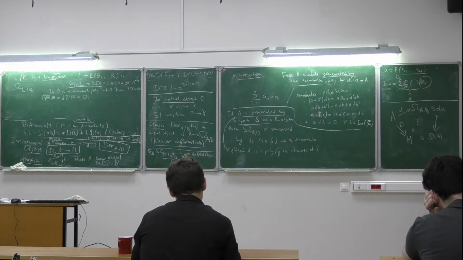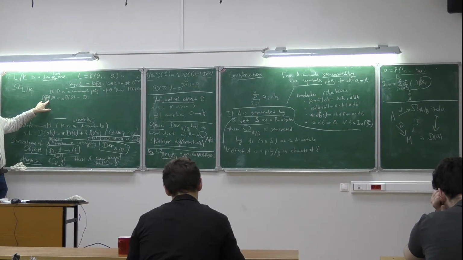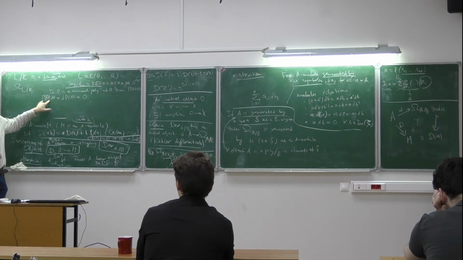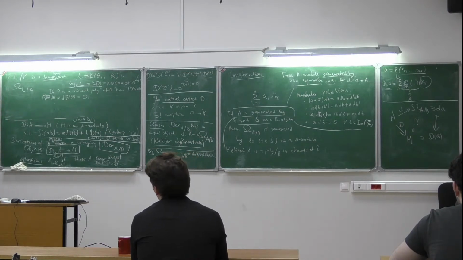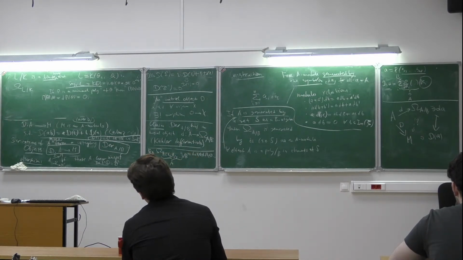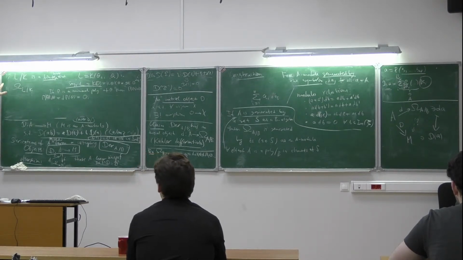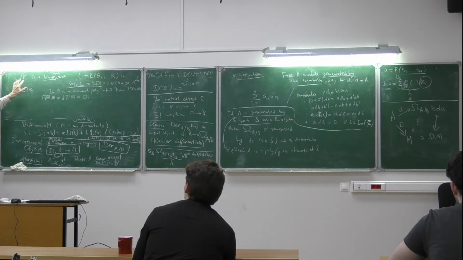This means that the derivative annihilates everything. And now we have two options. As this is a field, we have two options: either this derivative is 0 or non-zero. Yeah, because if it is non-zero, then it is invertible.